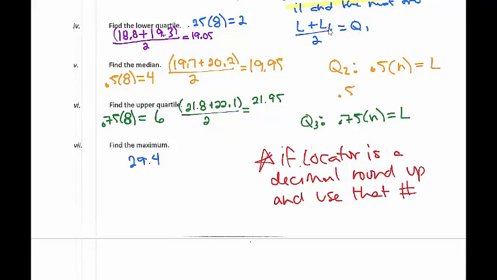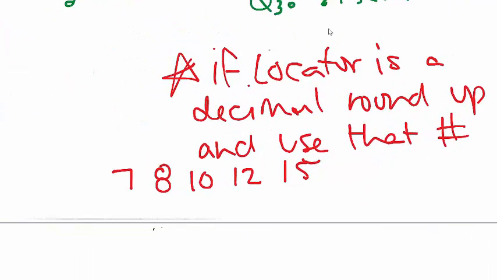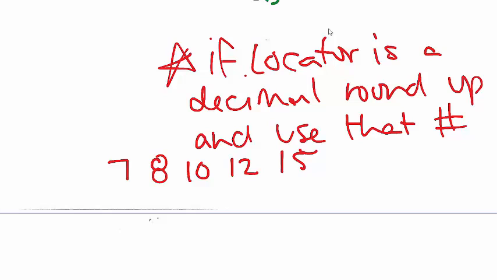So let's pretend that we had the numbers 7, 8, 10, 12. So does that have to be an odd number? No. Yeah. To make that work, yeah.